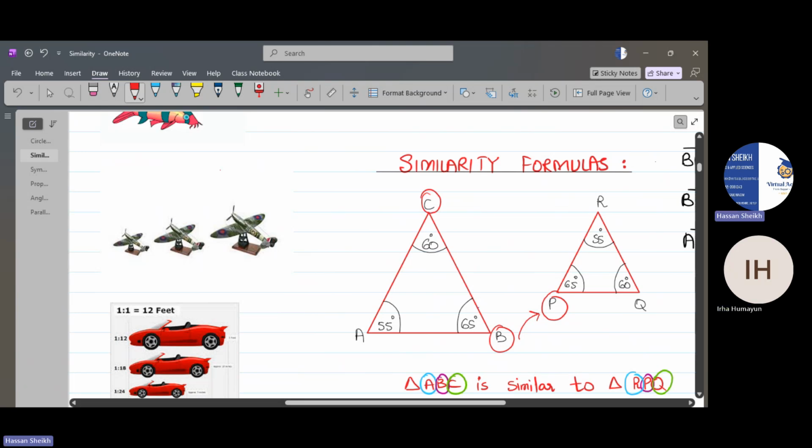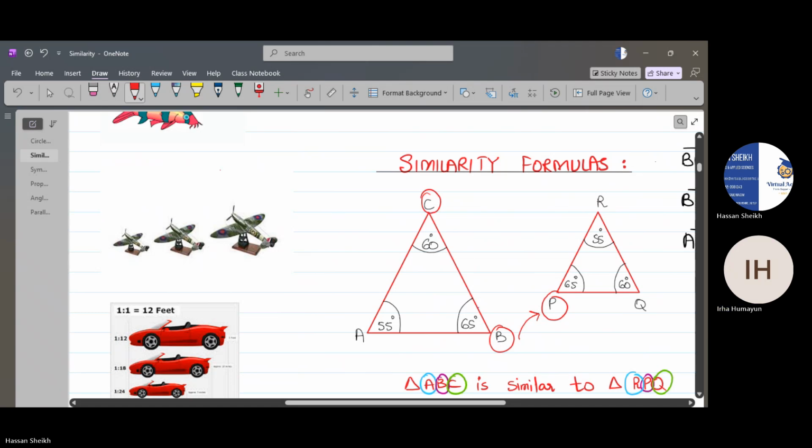This corresponding concept is very important to understand because when we switch to the similarity formulas, you need to keep in mind that the formula is only applicable to the corresponding sides. Now tell me which vertex in triangle PQR corresponds to vertex C of ABC.